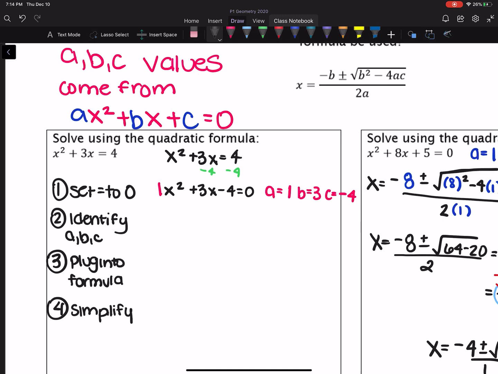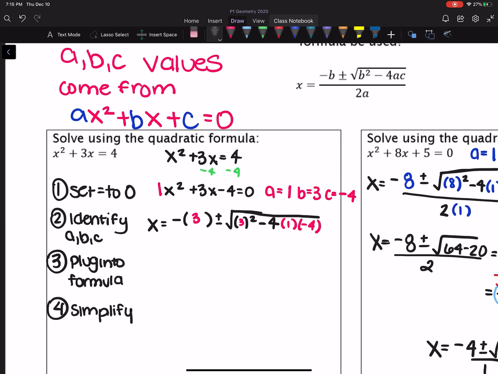After we identify a, b, and c, we're going to want to take these values and plug them into our quadratic formula. So we have the opposite of b, which is 3, plus or minus the square root of b squared minus 4 times a times c.